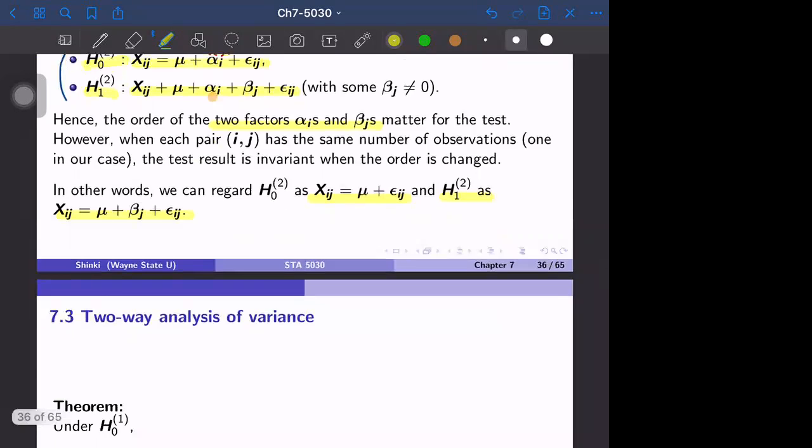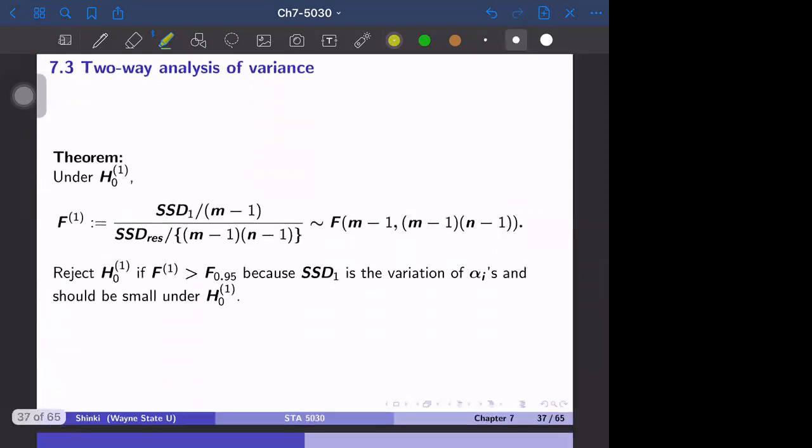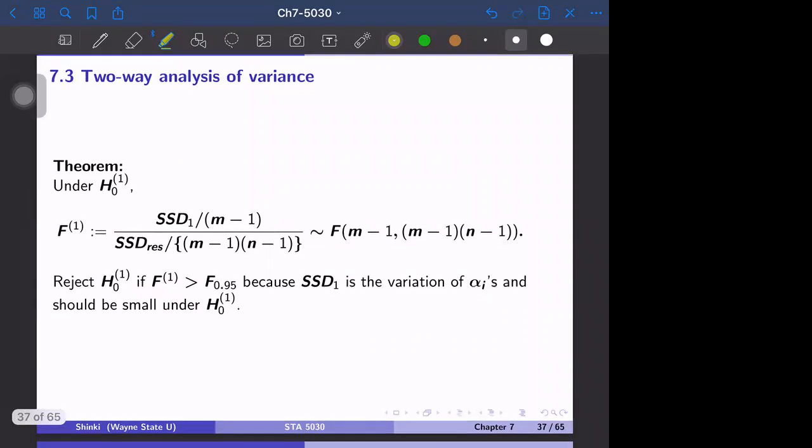And the theorem: basically we compare the relative size of the SSD1, the sum of squares between groups for factor 1, and the residual. If this ratio is large, that means factor 1 is important. So if this statistic is large, then we reject the null hypothesis. So reject H0 if this F1 statistic is larger than some threshold.